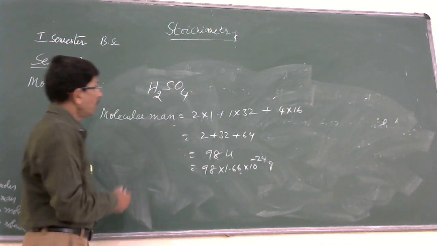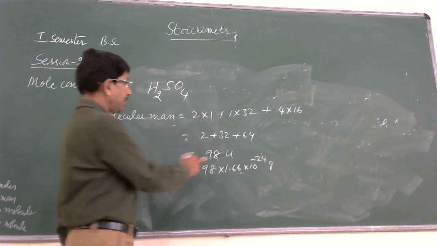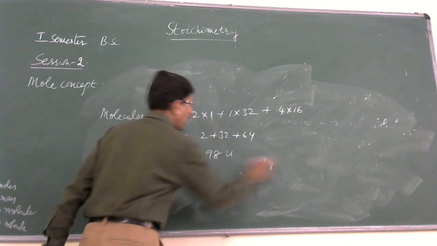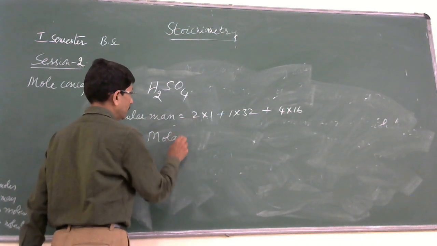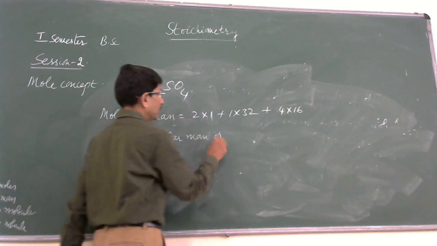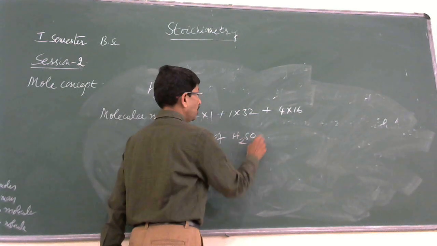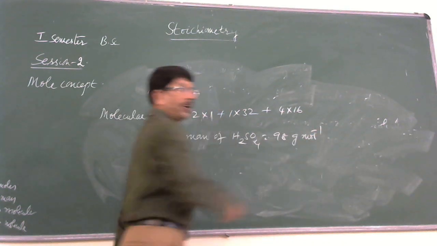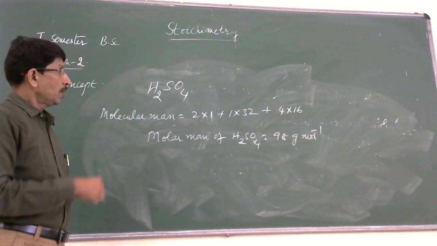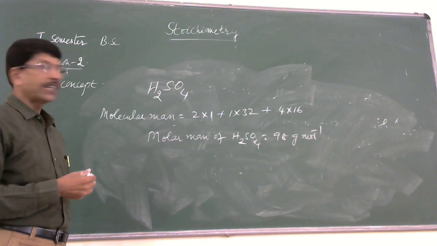So the molecular mass of sulfuric acid is 98. So the molar mass of sulfuric acid, what is the unit of molar mass? 98 gram per mole. This is the unit of molar mass. So 1 mole of sulfuric acid is 98 grams.